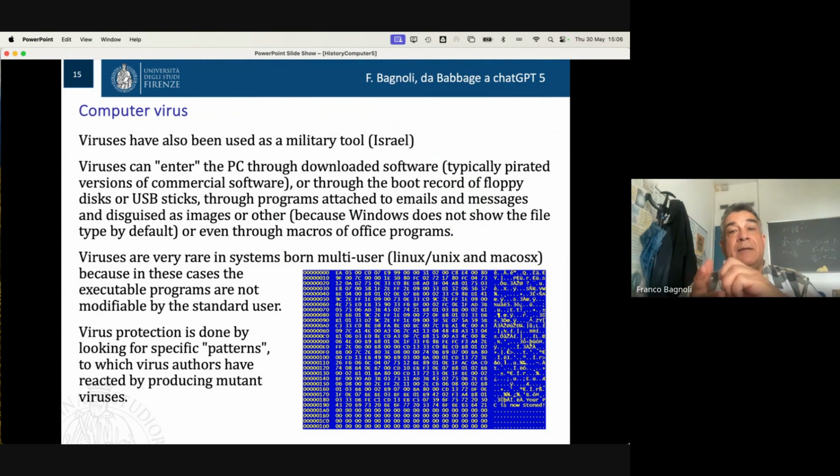And Israel was able to infect the computer controlling these centrifuges in order to have them run at a faster pace, and so they break down. And I remember a similar thing was a virus that tried to destroy the hard disk of computers, starting to scratch the head up and down, and trying to tear the hard disk.